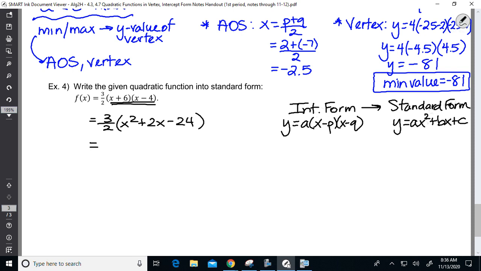And then I distribute. 3 over 2 x squared. 3 times 2 is 6. Divided by 2 is 3. 3 times 24, 72. 72 divided by 2, 36.